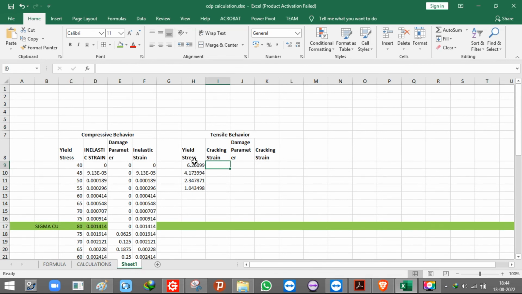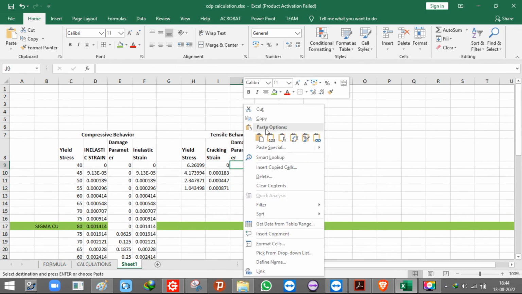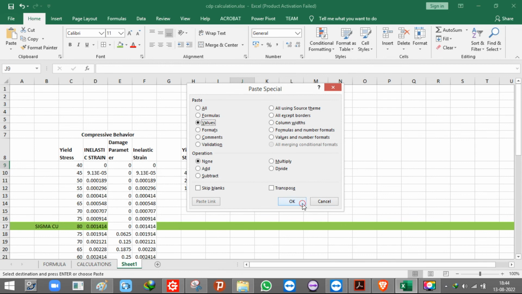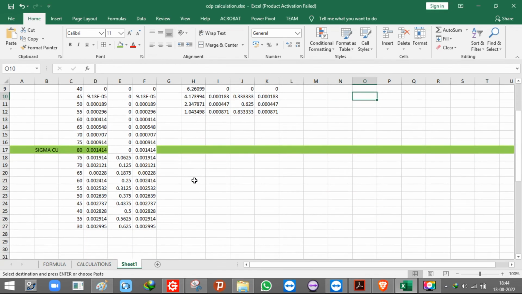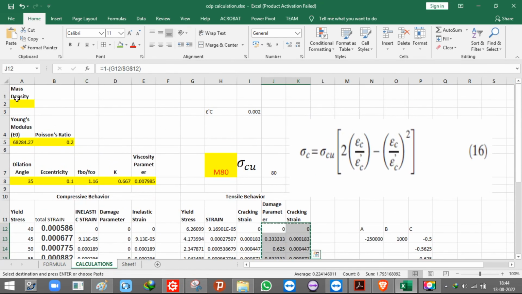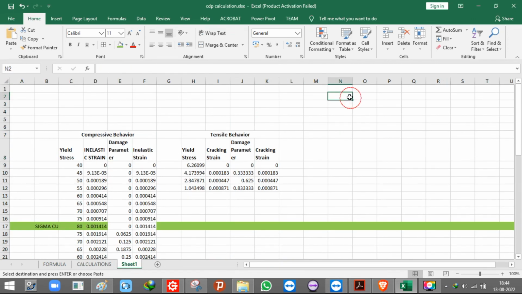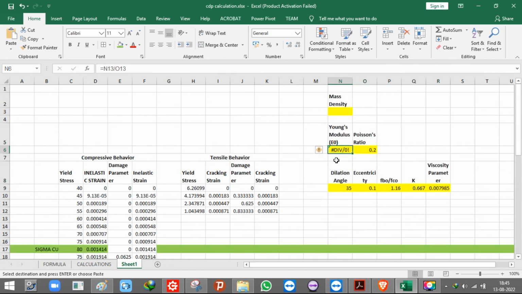I'm just arranging these values, nothing else. And then damage parameter and cracking strain. I'll paste special values. Okay, so these are my values. Now if you need more data, you can go for any other model and use that data from there, and these values will always be constant. There is no change in value.